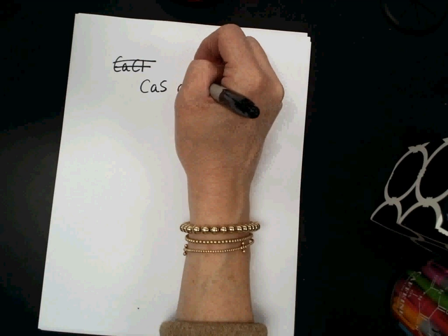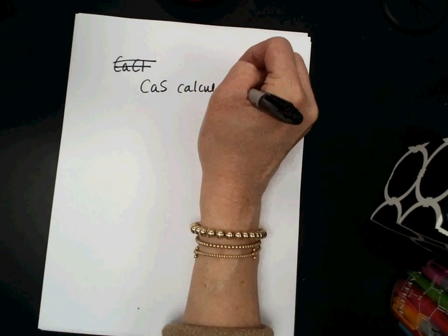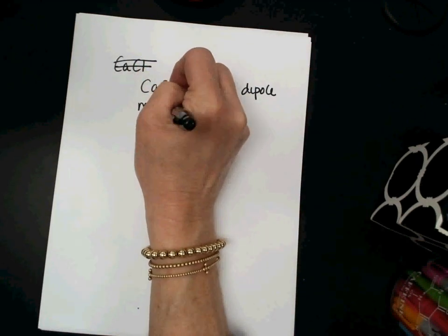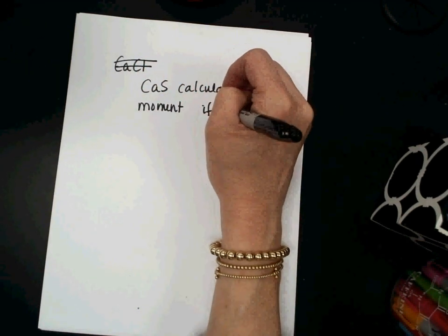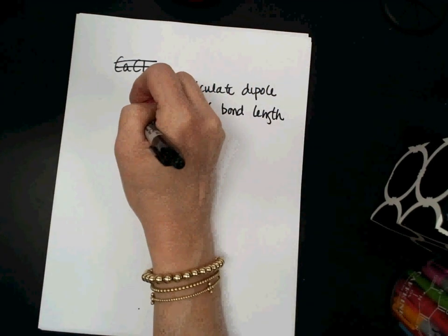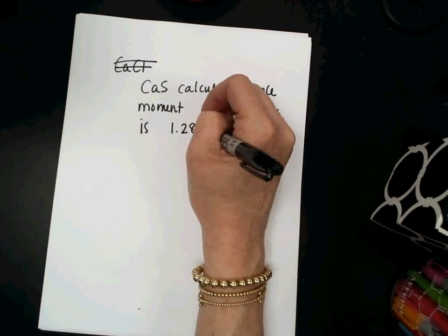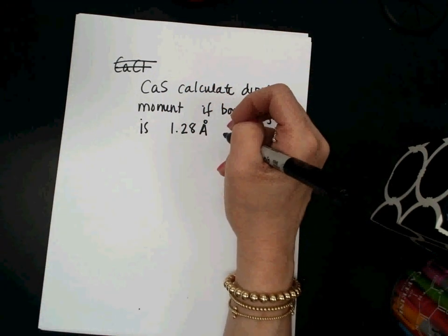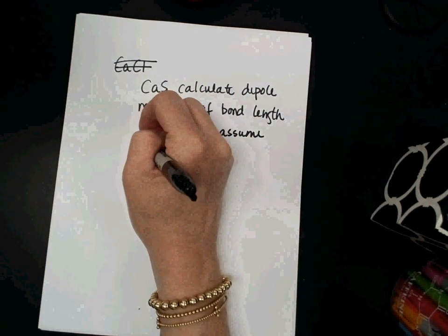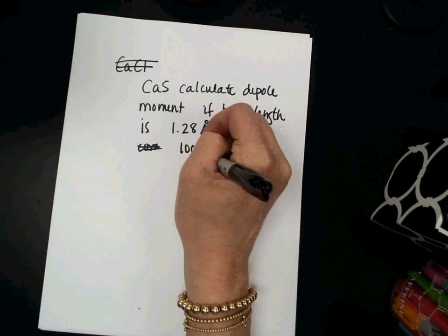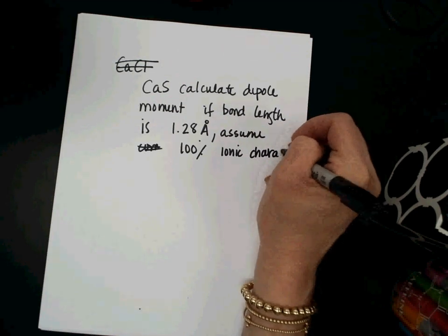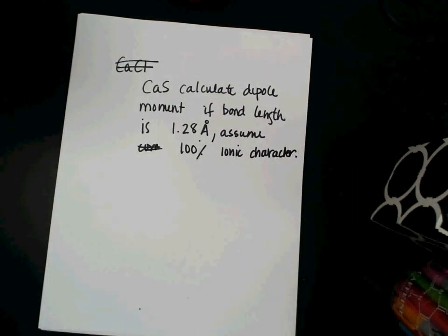Calculate the dipole moment if the bond length is 1.28 angstroms. Assume 100% ionic character is another way it could be phrased. Now see if you can set that up.